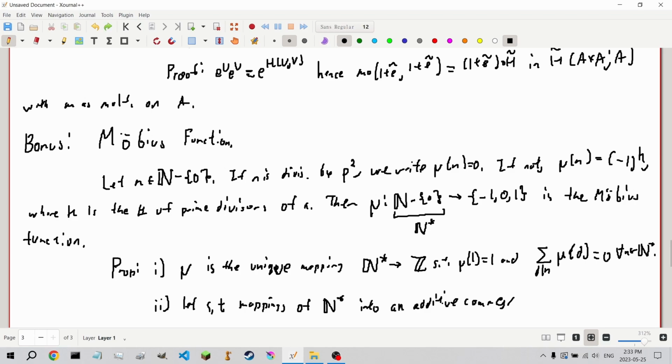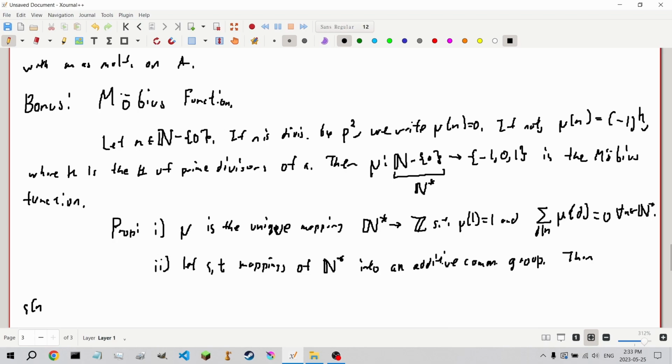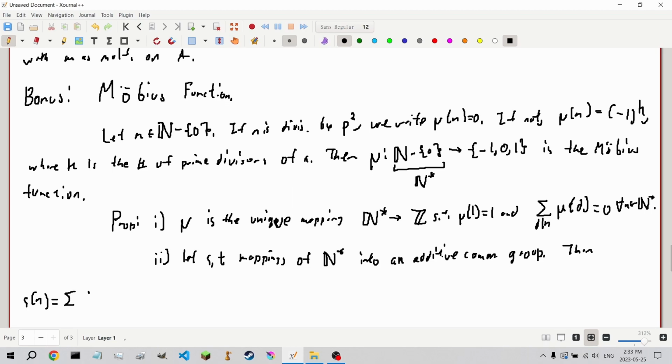Oh, no, they're not written additively, I misread, sorry. Then S of n is the sum of t of d, where d divides n, if and only if t of n is the sum of d dividing n of Mobius of d times S of n over d.